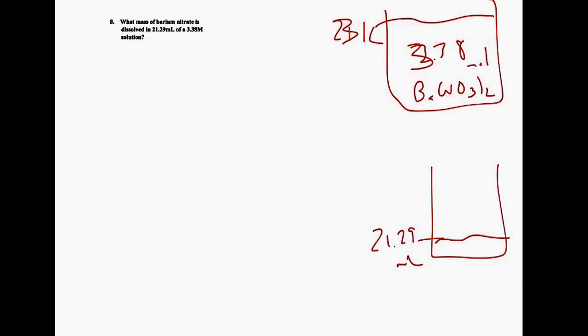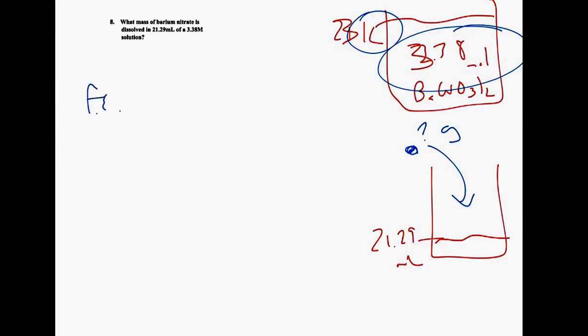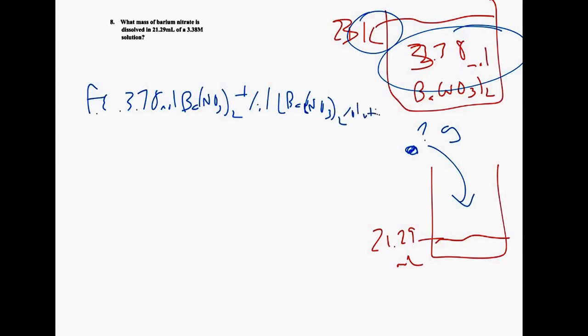Another way to think about this is how many grams of this stuff would I have had to dissolve in here in order to make this proportion be true. So I'm going to start off, I'm going to say for every 3.78 moles of solid Ba(NO3)2, there is 1 liter of Ba(NO3)2 solution. And then I've got another for-every statement down here.